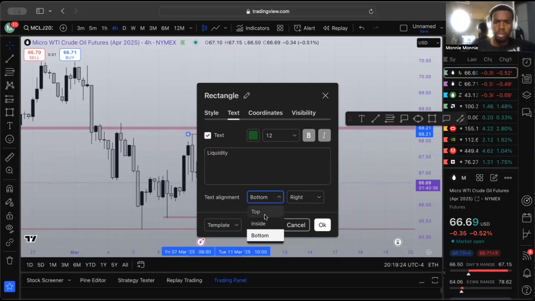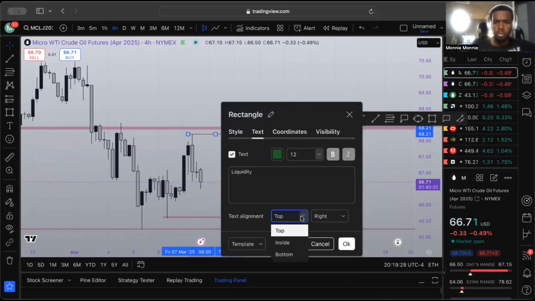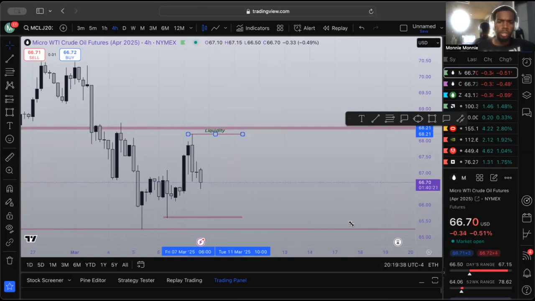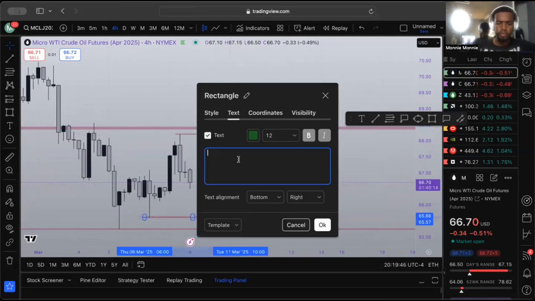Go ahead and put that at the top. Let's keep it at the top to the center, so we know what we're looking at. So we know this is a liquidity level up here. Now go ahead and mark this liquidity level here.